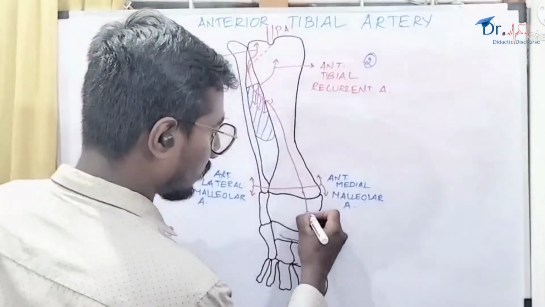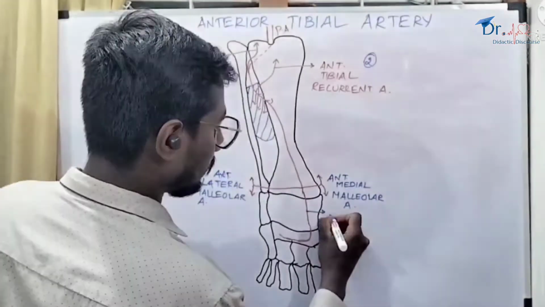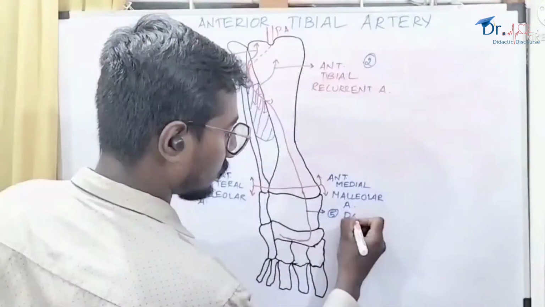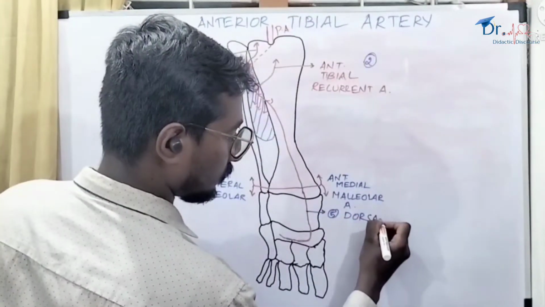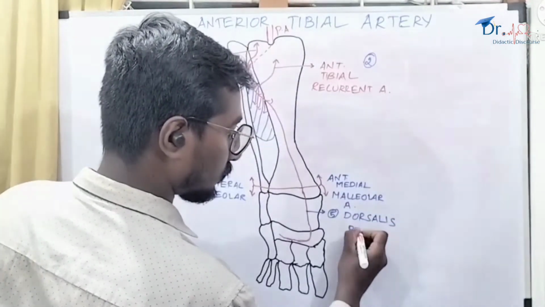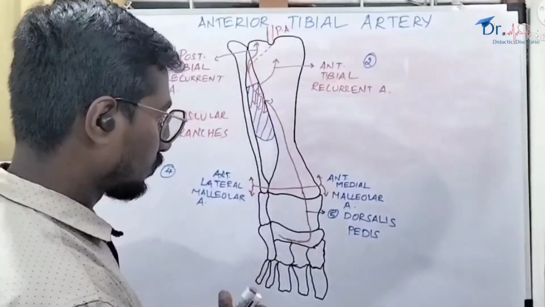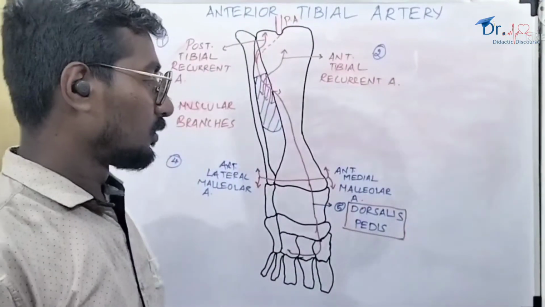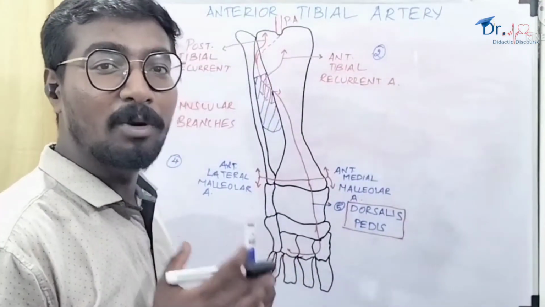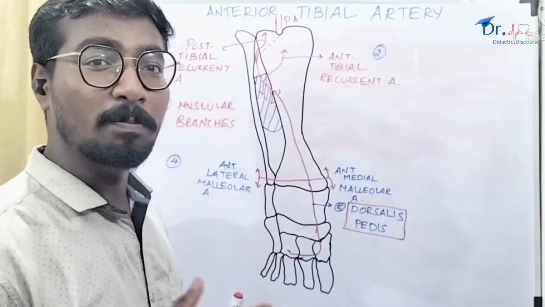So this is the dorsalis pedis artery. There is something peculiar about this dorsalis pedis artery. This is where you palpate the pulse.